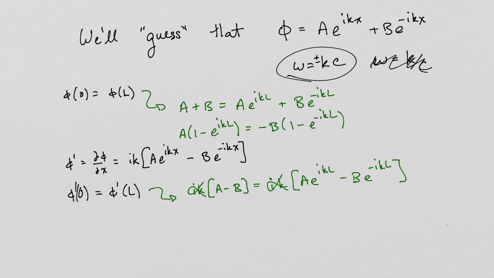On the left-hand side, again, I have a times 1 minus e to the i kL is equal to, now when I move the b over, I get just a positive b times 1. And there's still this thing here that has a negative sign, and so I end up with what looks like minus e to the i kL.